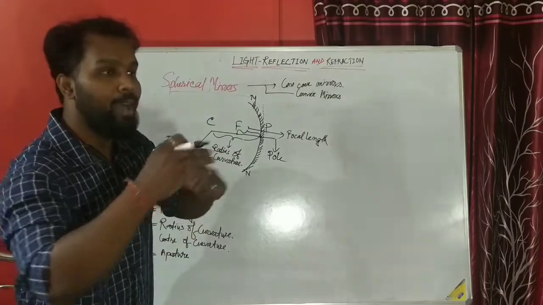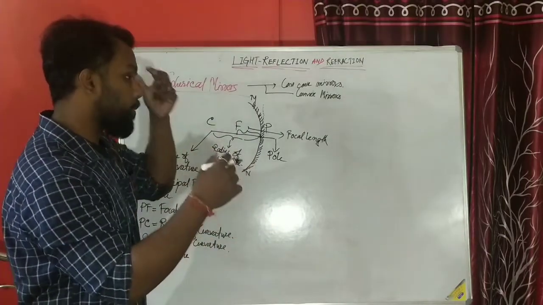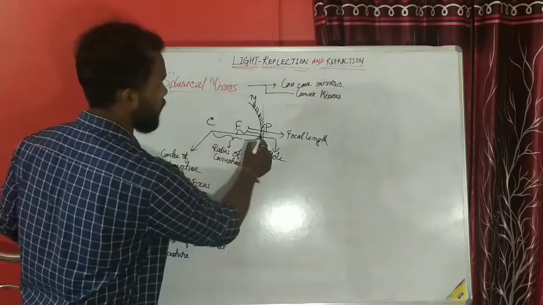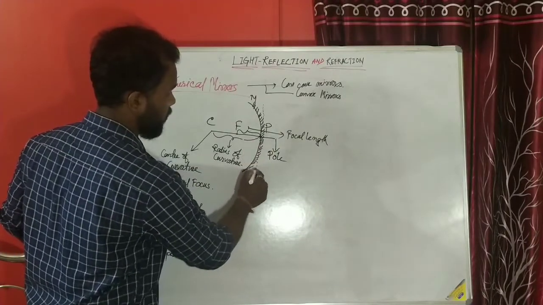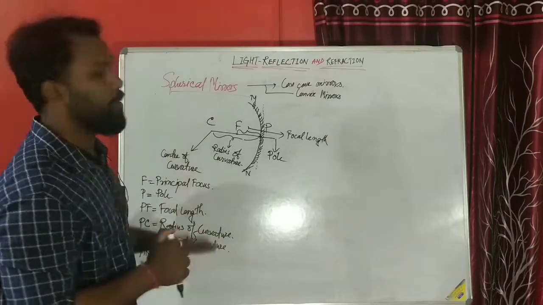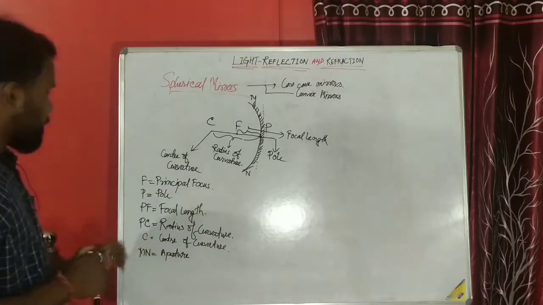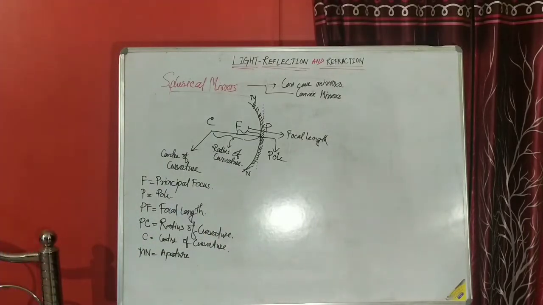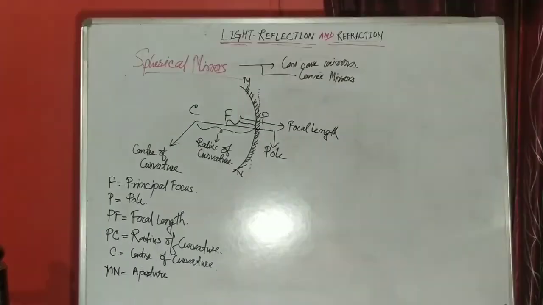Once we multiply that radius by 2, we get the diameter. I hope you have understood the meaning of aperture now. Now you just draw this figure and write those terms. F is the principal focus, P is the pole, PF is the focal length, PC is the radius of curvature, C is the center of curvature, MN is the aperture.